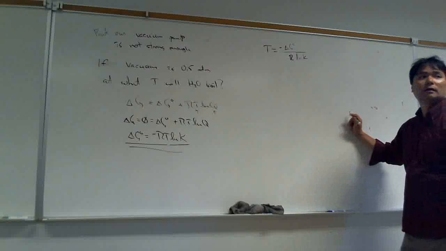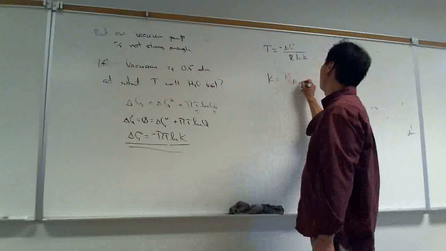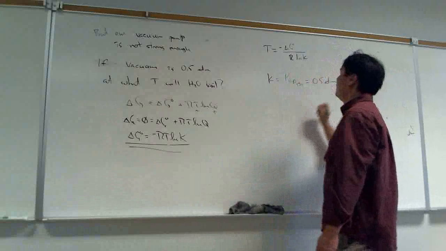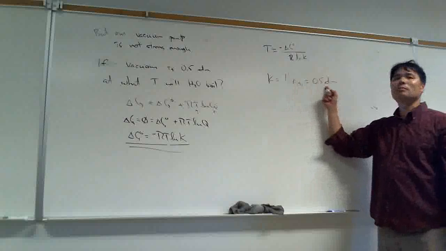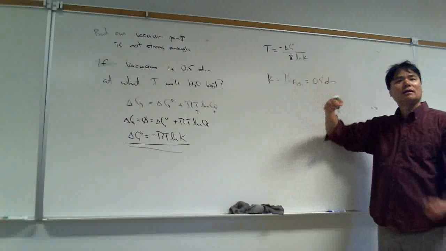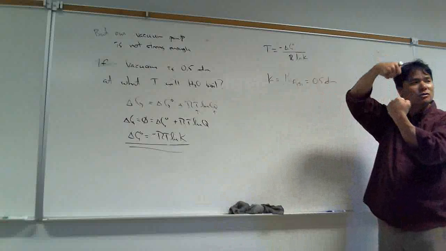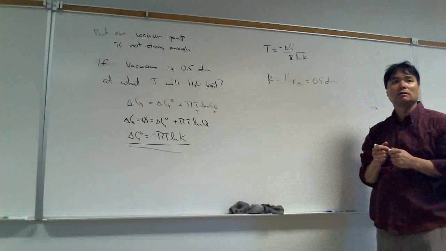And then we know that K is equal to the partial pressure of H2O gas, which is equal to 0.5 atmospheres. And so at what temperature will the partial pressure of H2O gas equal 0.5 atmospheres? If I have a vacuum, so the P external is 0.5, it should boil, right?